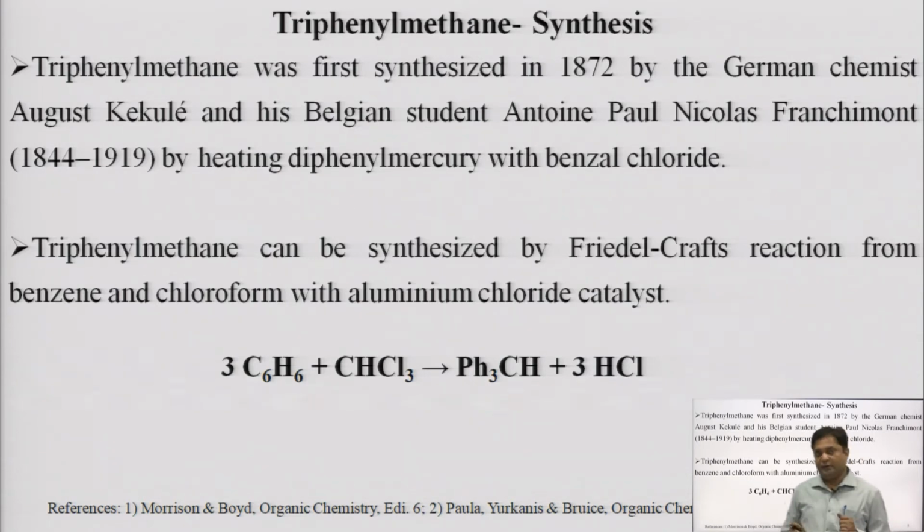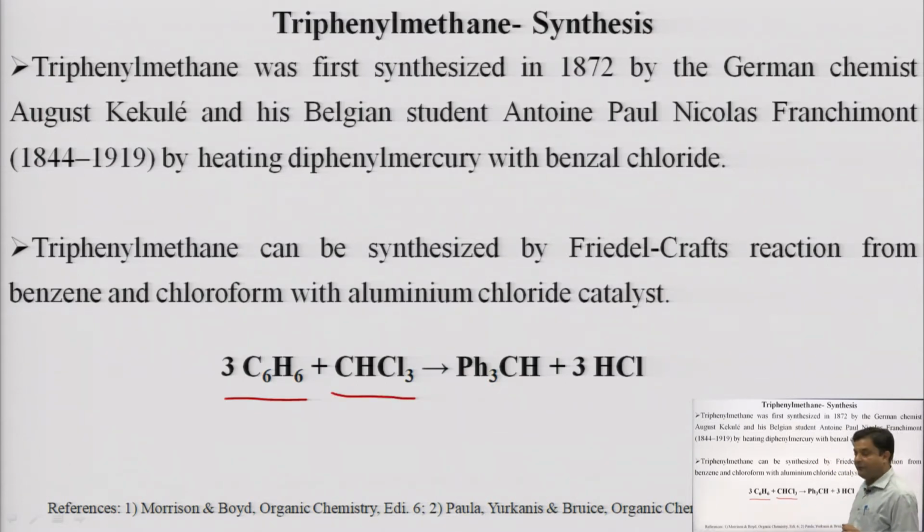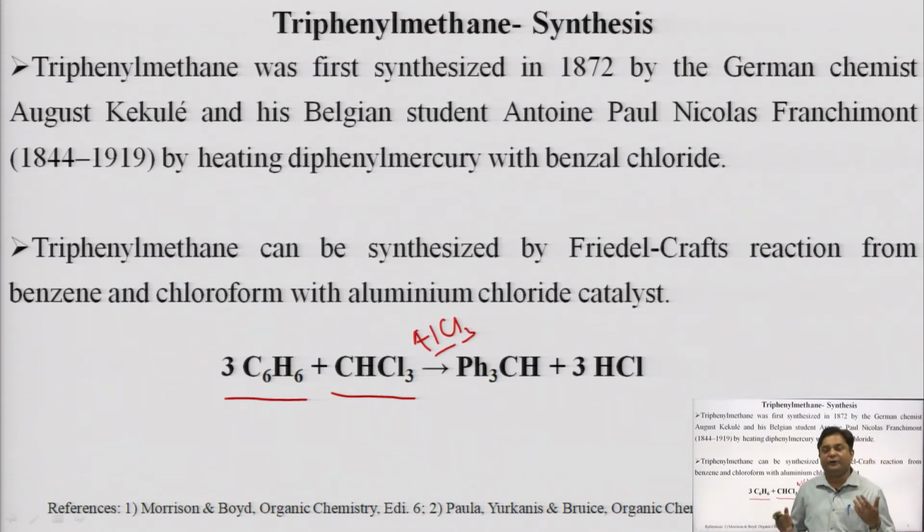As you can see in the reaction, we take 3 moles of benzene, and these 3 moles of benzene react with 1 molecule of chloroform in the presence of a Lewis acid like AlCl3, which is why we call it a Friedel-Crafts reaction. We know that the Friedel-Crafts reaction always occurs in the presence of some Lewis acid. So, we take aluminum chloride as the Lewis acid.